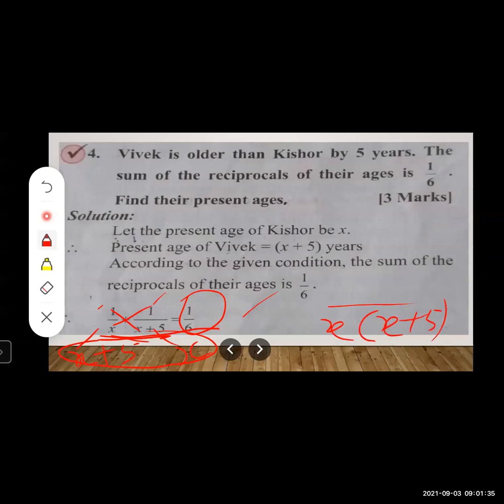This side we are getting x plus 5 plus, when you multiply x with this one, we get x. This side will remain the same, it is equal to 1 upon 6. So how will you get it in the next step? 2x plus 5 divided by x into x plus 5 is equal to 1 upon 6, right, students?